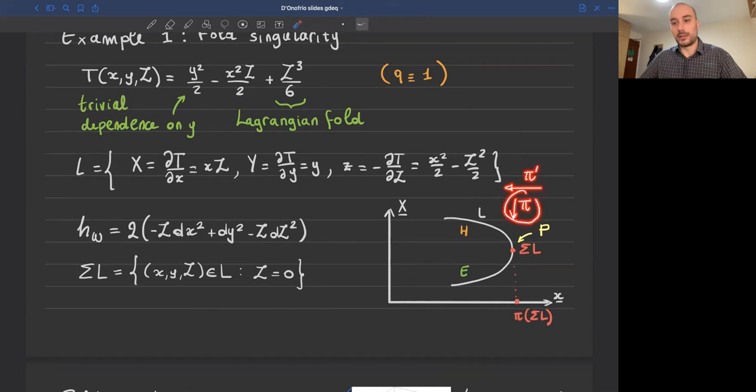Why do I speak only of this projection and look for singular points of this projection only? Well, because this is the only projection that allows us to recover physical information from this geometrical reasoning. We are not going to obtain any physically meaningful information by projecting L on the momentum space.